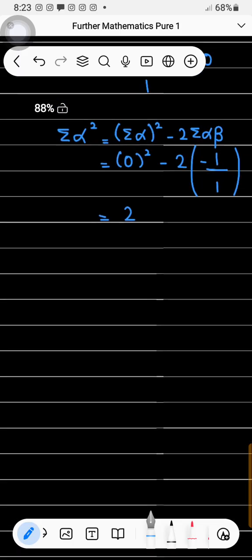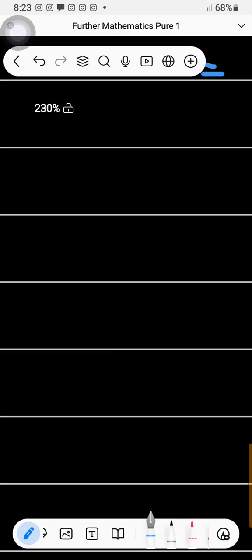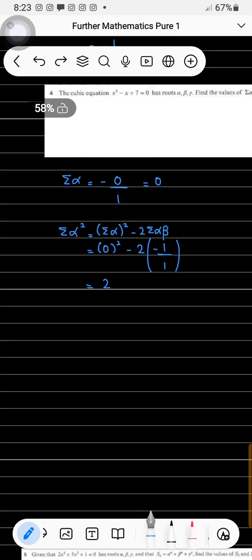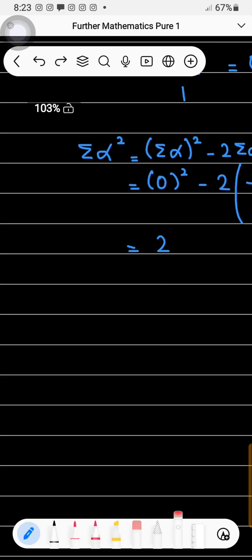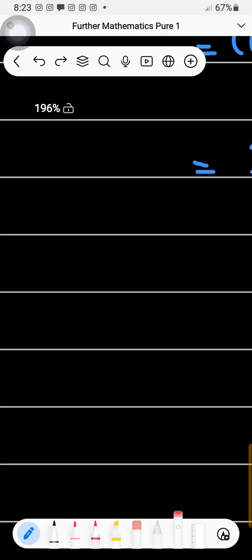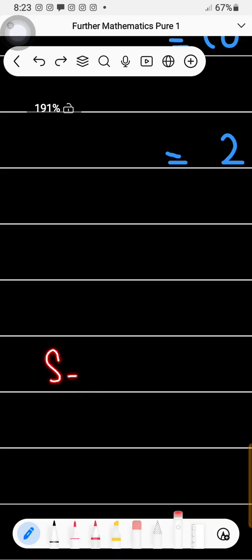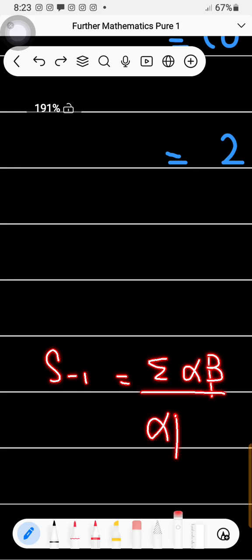So we are now going to discuss our new formula. To find out S minus 1, we have the formula sum of alpha beta upon alpha beta gamma.